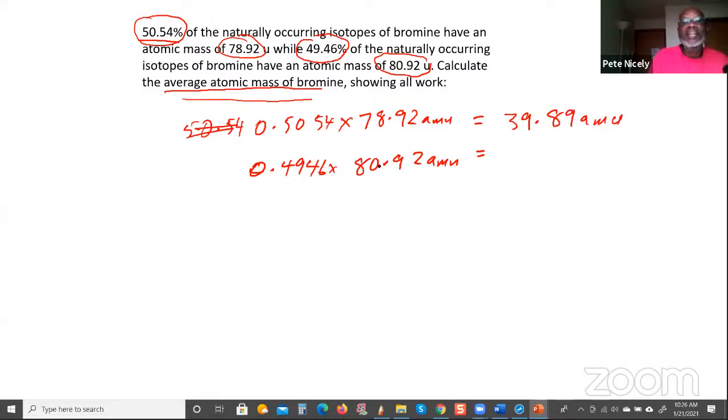All right. And then I'm going to do the same thing for the other calculation, 0.4946 times 80.92. And according to my calculation, this works out to be equal to 40.02 AMU.